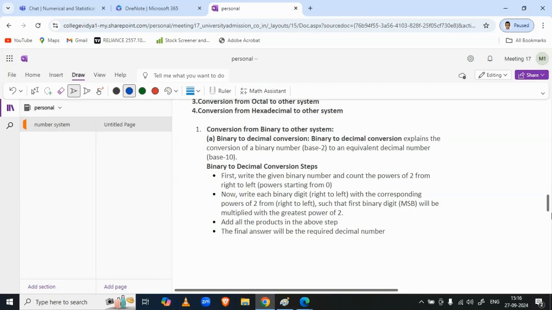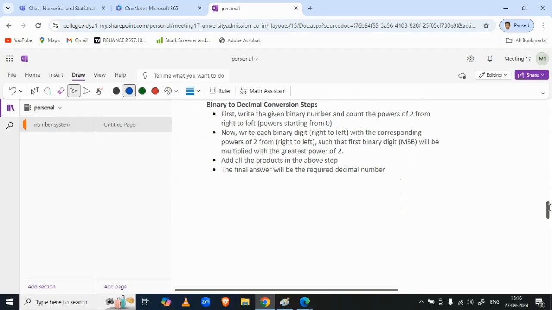So, class, how will we perform this? We will take one example. Question: convert this number into decimal. Solution: what are the steps? Write the given binary number.